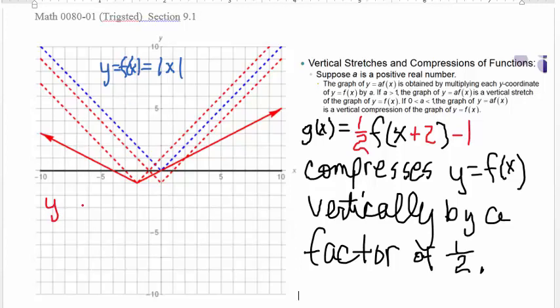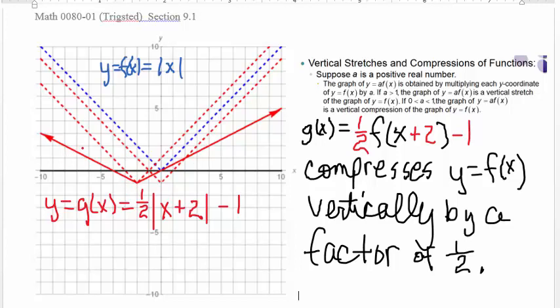And we end up on the solid red graph with y equal g of x, which equals 1/2 times the absolute value of x plus 2 minus 1. So notice what happened to every point. Every point was shifted 1 unit down, then 2 units left, and then vertically compressed by a factor of 1/2.